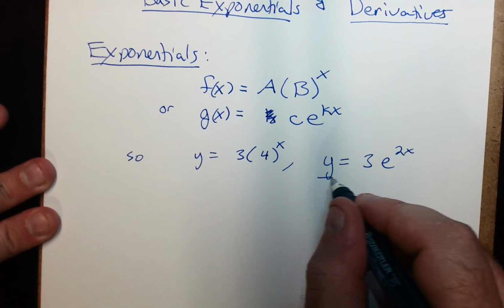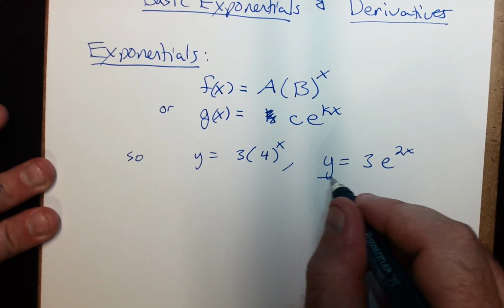So you could say y equals 3 times 4 to the x. That's an exponential function, but also y equals 3e to the 2x. That's an exponential function.